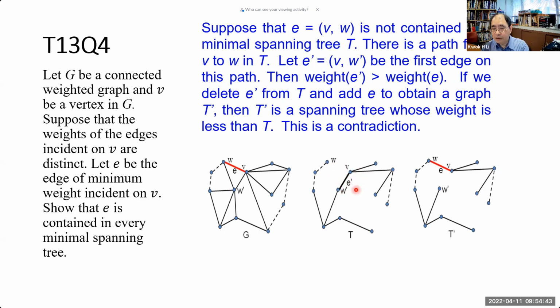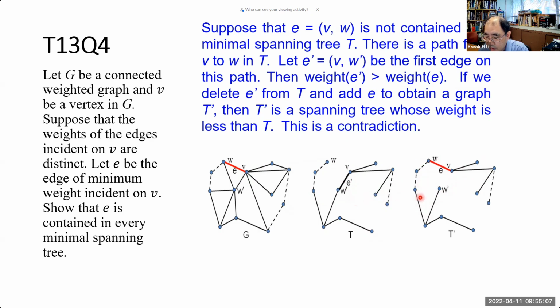Our argument is like this. Because it is a minimum spanning tree, if you remove this one, it will be broken into 2 pieces. But if we now add E to it, these 2 components will be joined together.